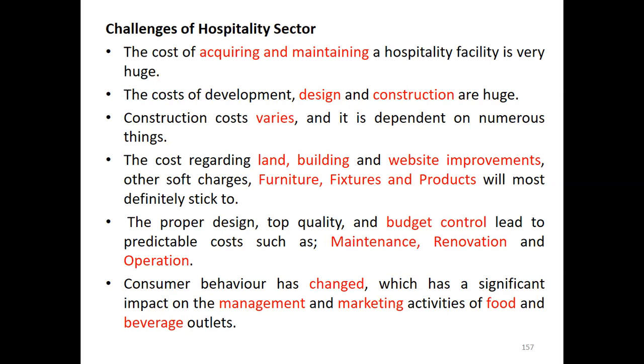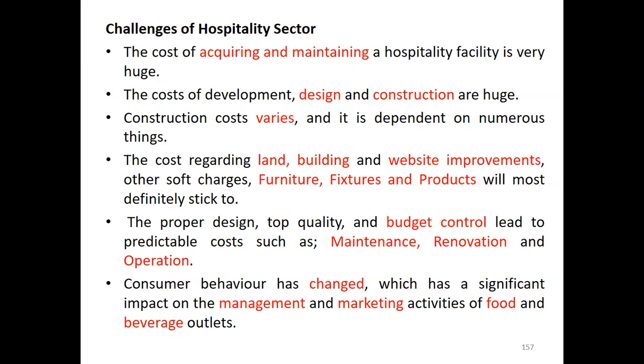Okay, that is the issue in the hospitality sector. Then there are costs regarding land, building, website improvements and other soft charges, furniture, housekeeping or maintenance charges. These will most definitely stick to it, as per the land and the nature of the services you are providing.